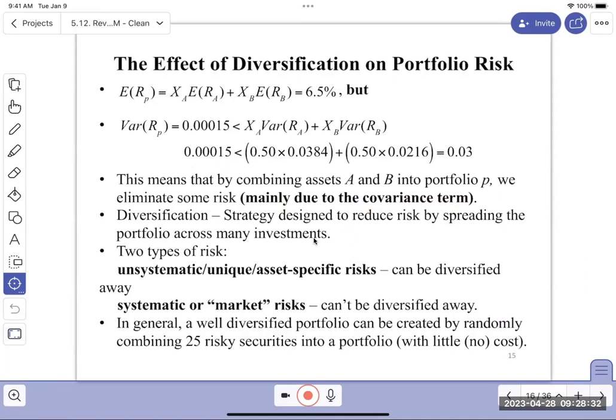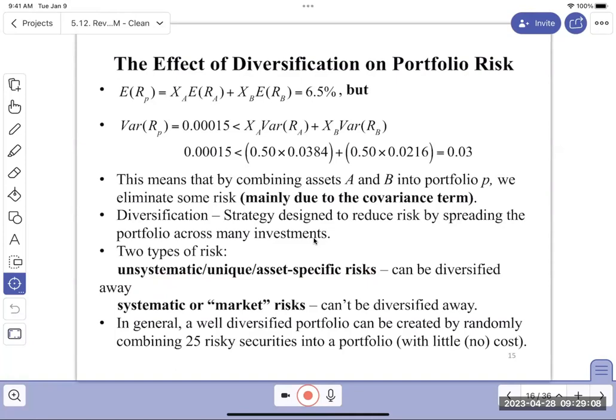In general, there's two types of risks. There's the risk that can be diversified away. It's known as unsystematic risk or asset-specific risk or unique risk. So we did quite well with those two securities. But financial economists have looked at this issue and noticed that there's only so much you can do by combining assets.